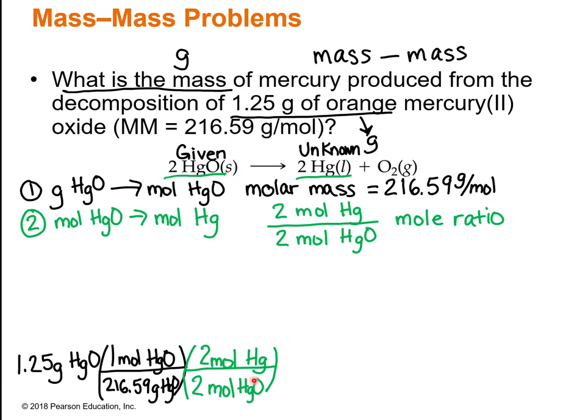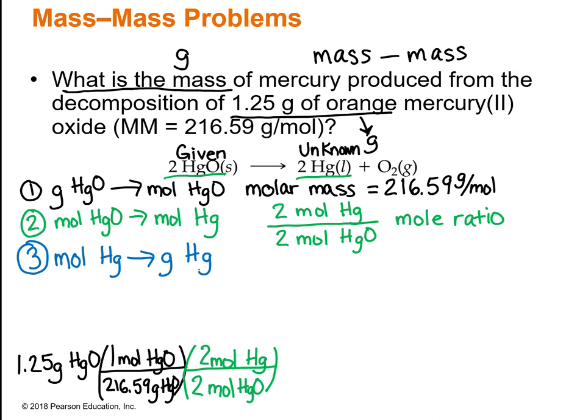Okay. One more part. So now we're in moles of mercury. But the question is asking about grams, so we can't just leave it there. To take moles of mercury and convert it to grams of mercury, what do we need?